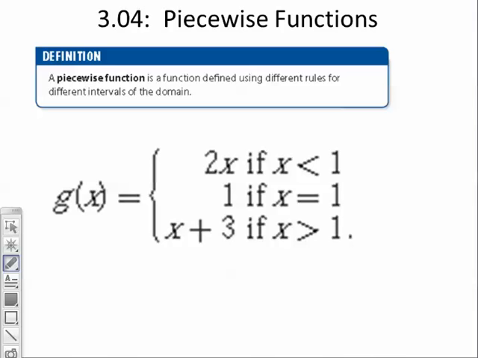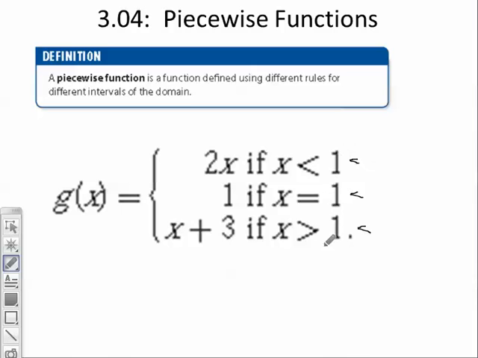Anytime the domains overlap, it quits being a function, because then I would have two values for the same location. So with a piecewise function, you have to be very careful that it doesn't overlap. Notice right here, we're saying less than 1, equal to 1, and greater than 1. This one does not overlap. I have three separate functions here that do not overlap.